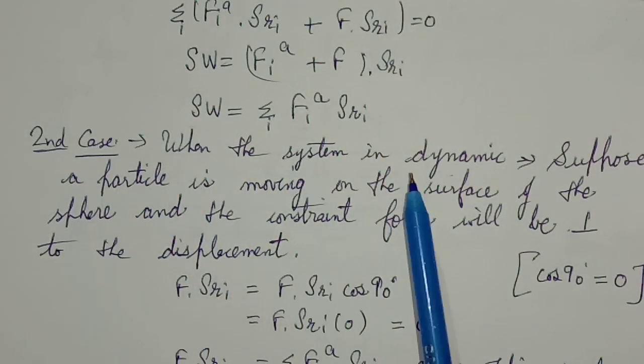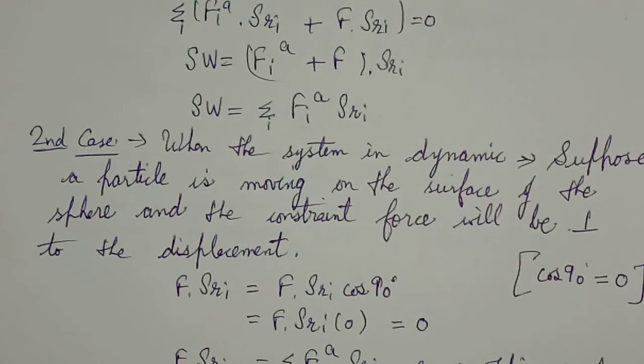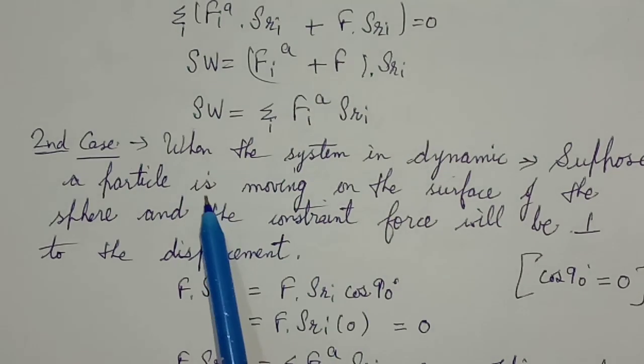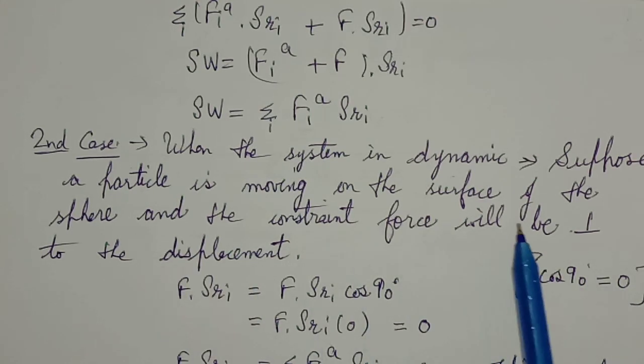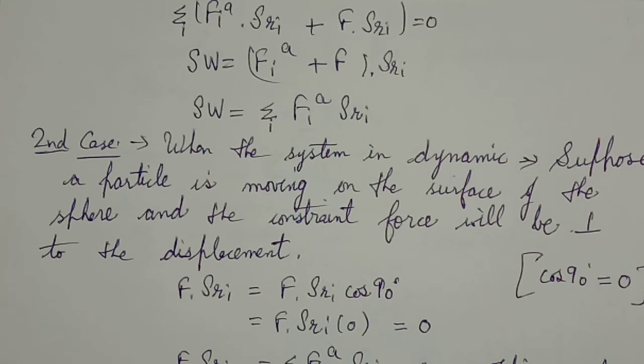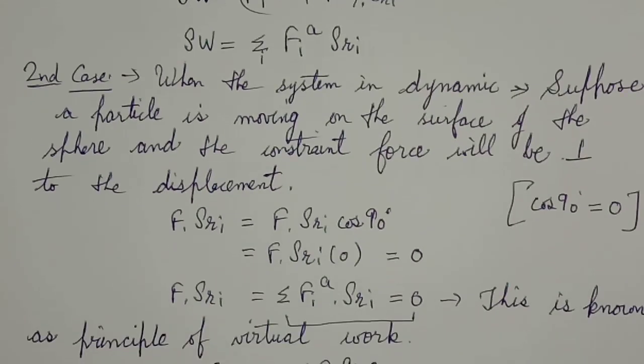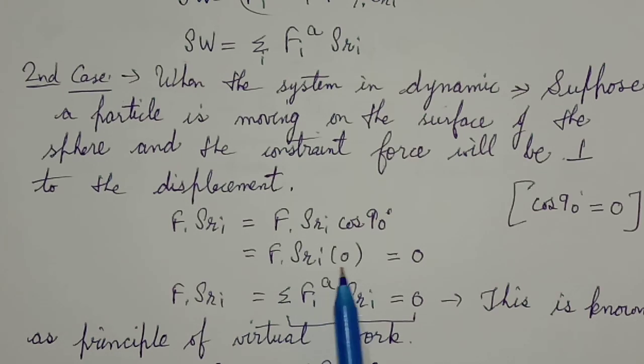Now in the second case, suppose a particle is moving on the surface of a sphere, the constraint force will be perpendicular to the displacement, then f_i dot delta r_i is equal to f_i delta r_i cos 90 degrees. Cos 90 degrees we know is equal to 0. So putting the value of 90 degrees, we get 0.